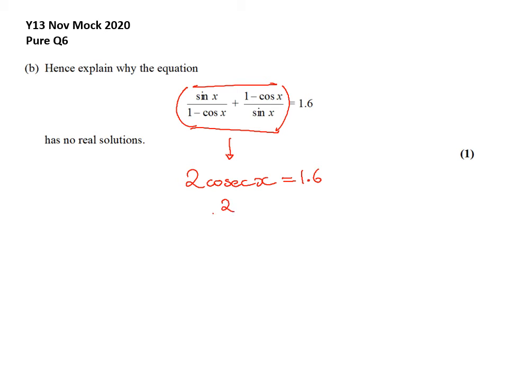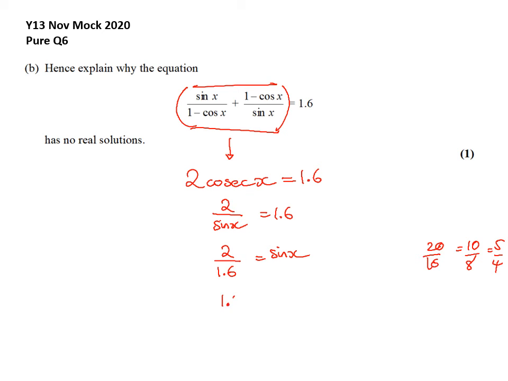So here I've got 2 over sine x is 1.6. If I multiply up, let's say 2 over 1.6 is sine x. That's 20 over 16, 10 over 8, 5 over 4.